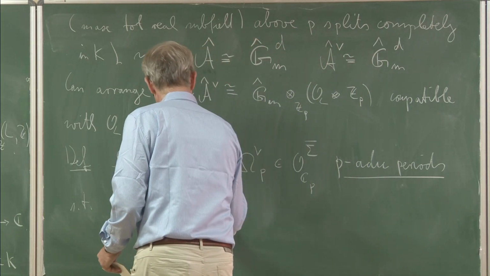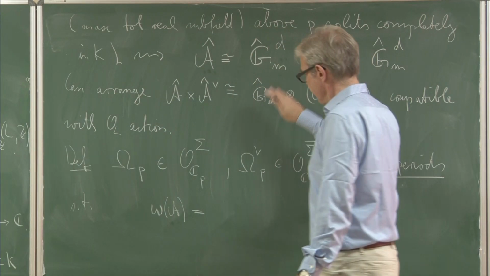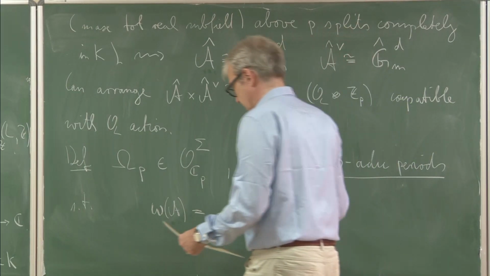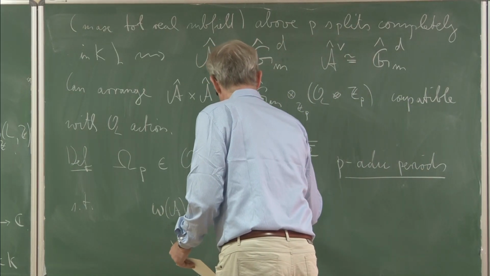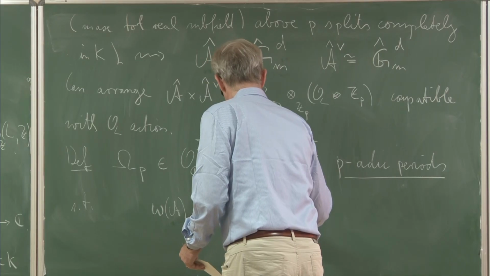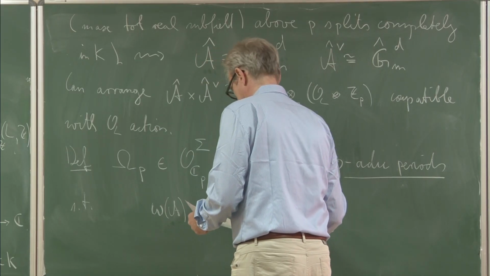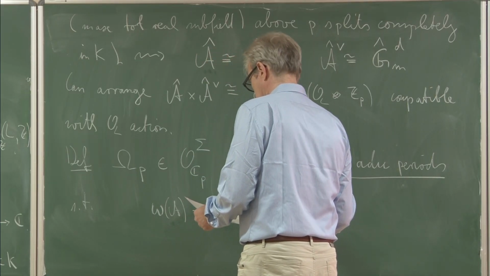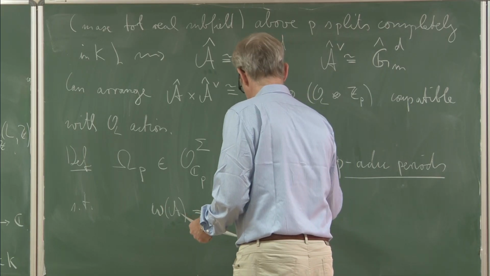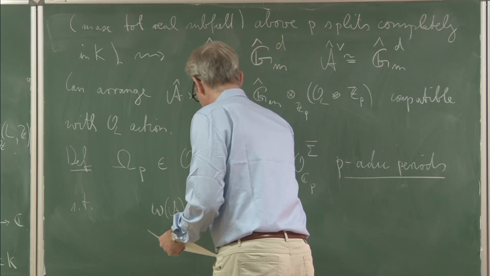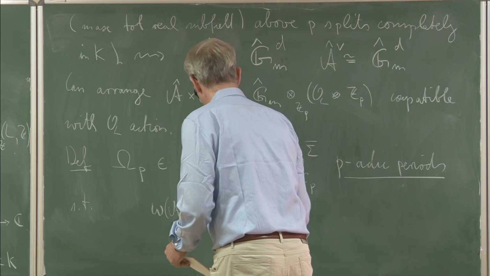And then, on the other hand, on G_m, you have the canonical differential. So I just write omega G_m hat to the power D. And these two compare with this period.